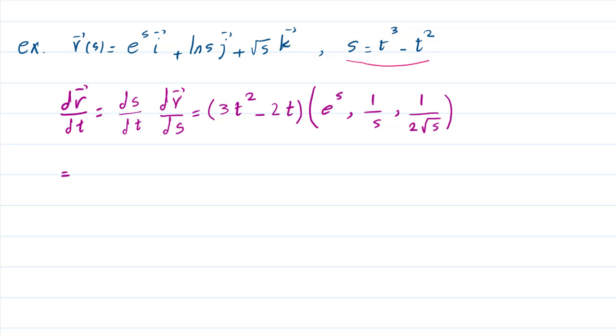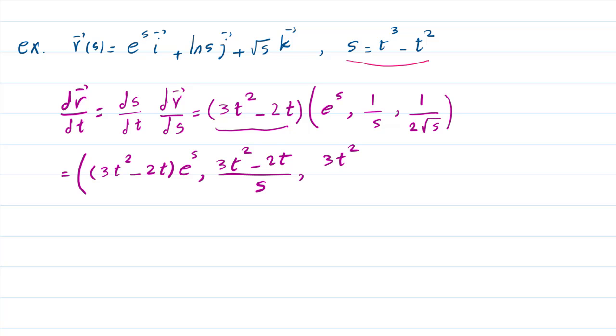Now we can multiply this scalar function into the vector. So we have 3 times t squared minus 2t times e to the s, 3 times t squared minus 2t over s, and 3 times t squared minus 2t over 2 times square root of s.